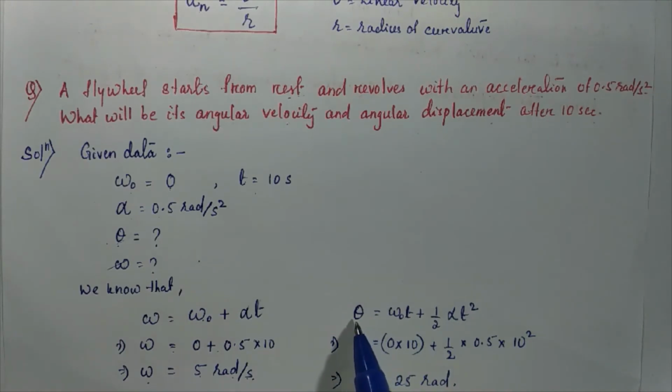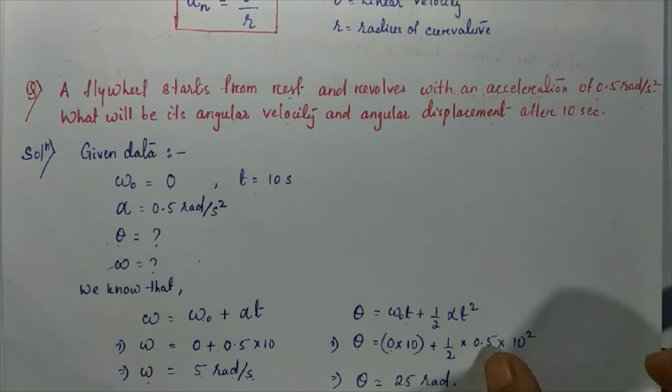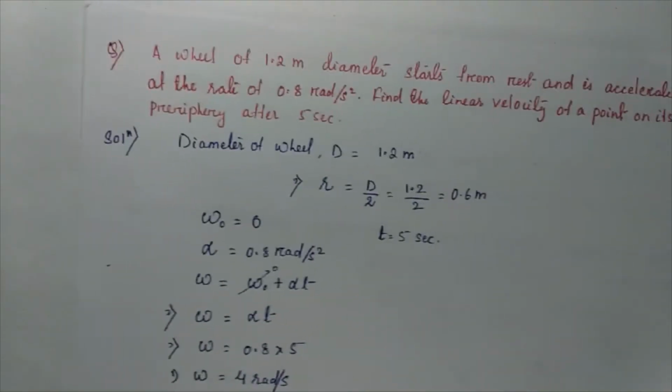We use another equation of motion, theta equal to omega naught t plus half alpha t square. Omega naught is 0, so theta equals 0 into 10 plus half, alpha is 0.5 into 10 square. So theta equals 25 radian.